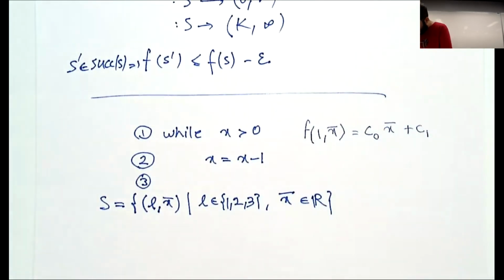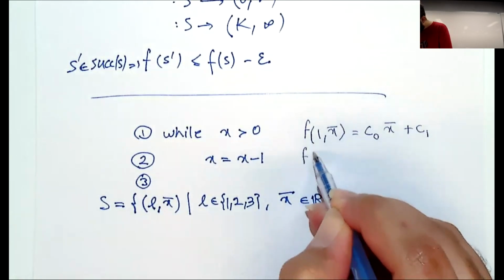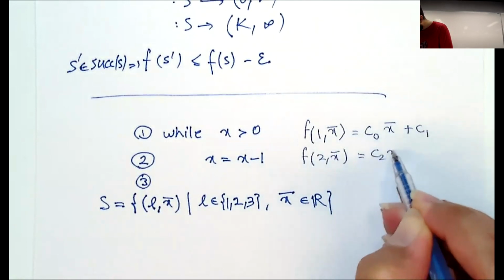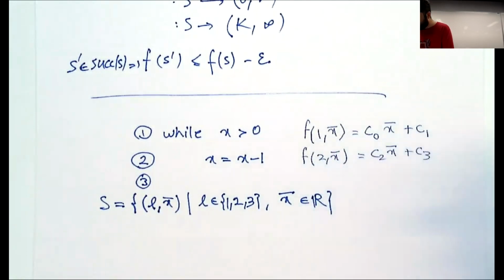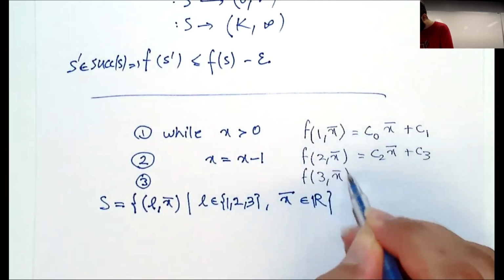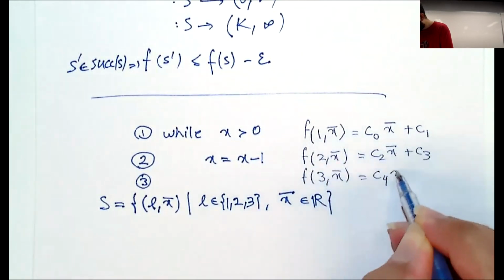And let's say that my ranking function at line 2 is of this form, c2 x bar plus c3. And my ranking function at line 3 is also of the same form.